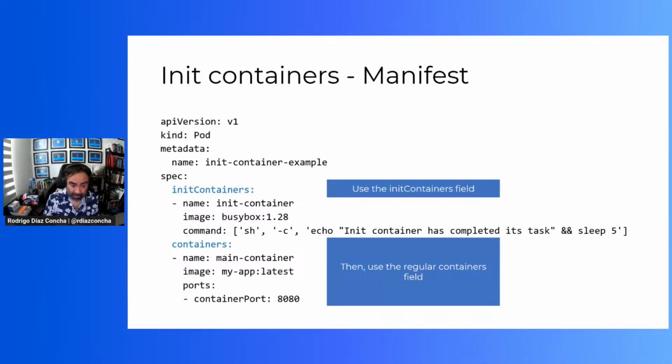That init container is based on the busybox 1.28 label, and it is just echoing that the init container has completed its task. This is just a silly example of init containers, right?